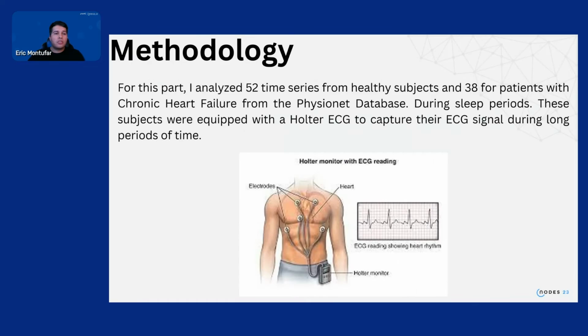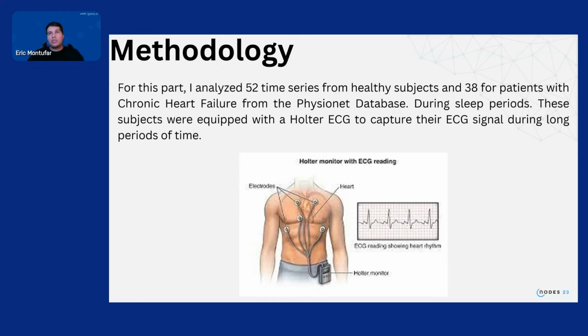So for the time series I used an open source database called PhysioNet. For this one, I downloaded 52 time series from healthy subjects, and also 38 time series for CHF or chronic heart failure patients.